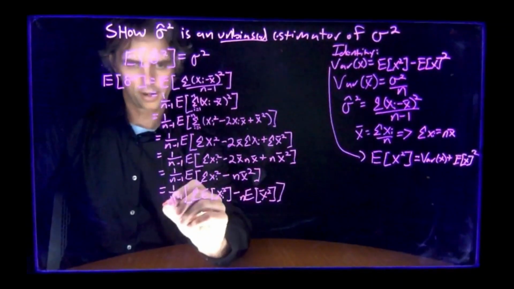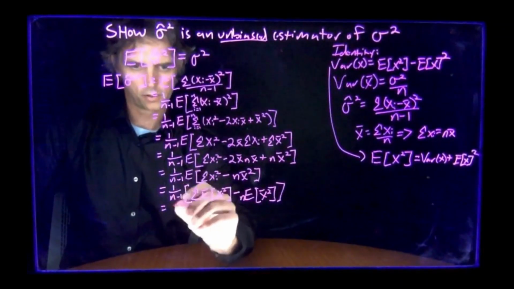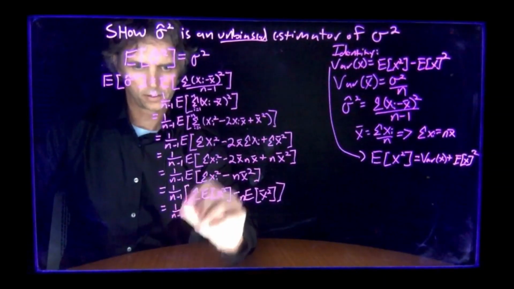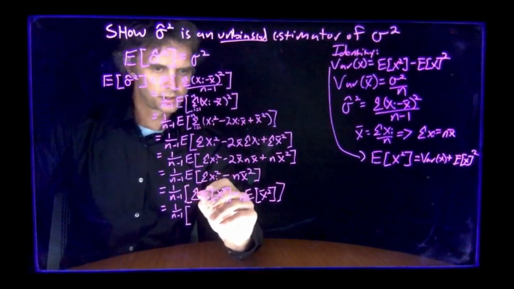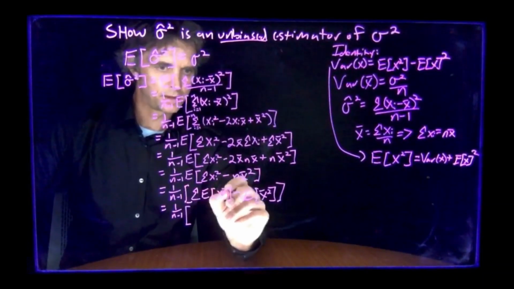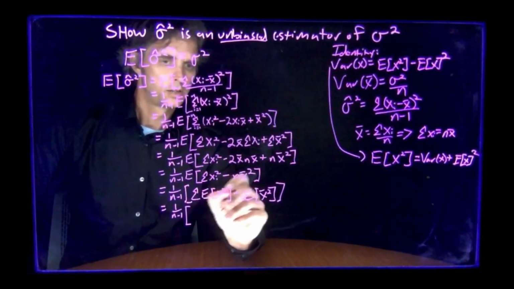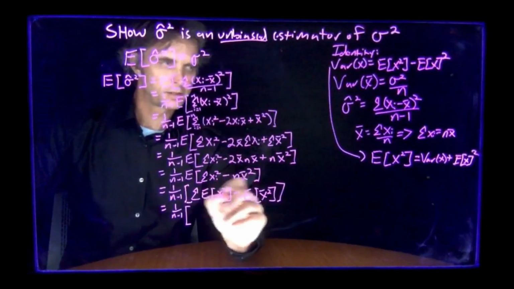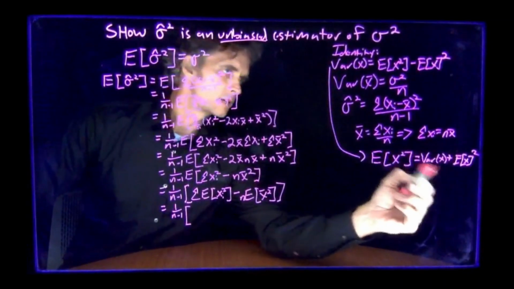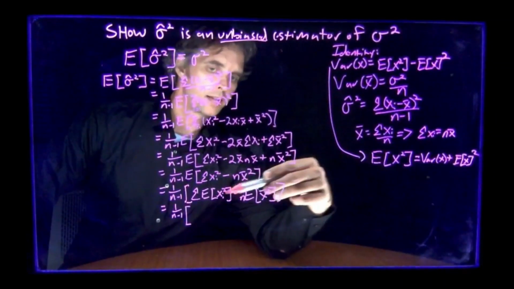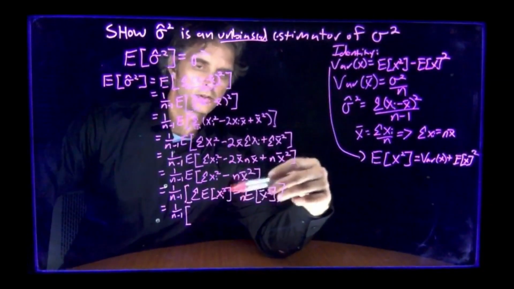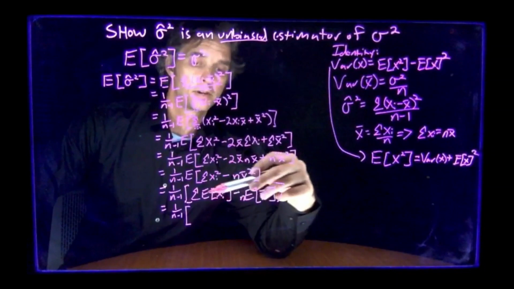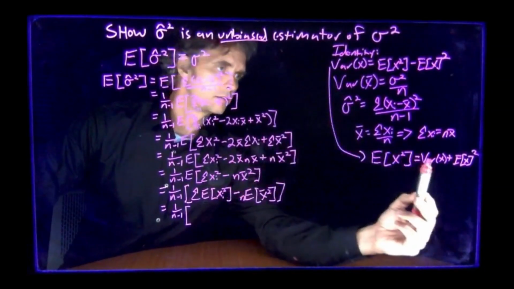Great. So we've got that. And so I'm going to use that right here. So that's going to equal 1 over n minus 1 times the sum of the expected value of xi squared. So the expected value of xi squared is this, right? For each xi squared, for x1 squared, x2 squared, x3 squared, the expected value of that is going to equal the variance plus the mean squared.